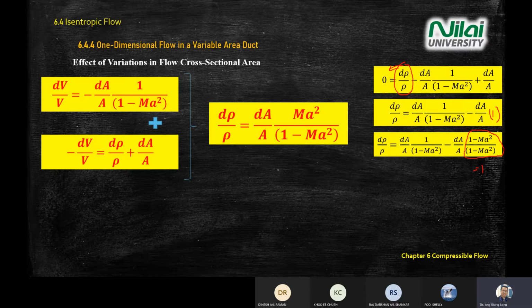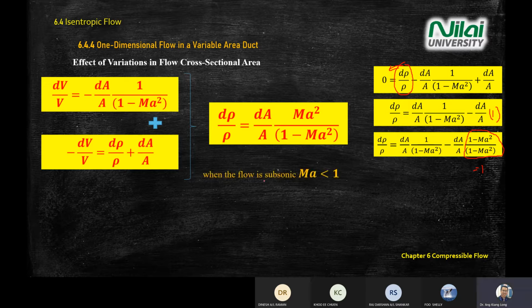So at the end, you can rewrite the equation in this form. Okay, you simplify this equation, you'll get d rho over dA, then Mach number square divided by 1 minus Mach number square. Okay.